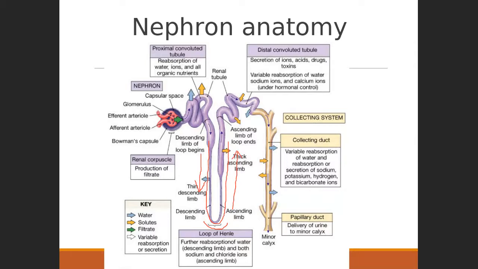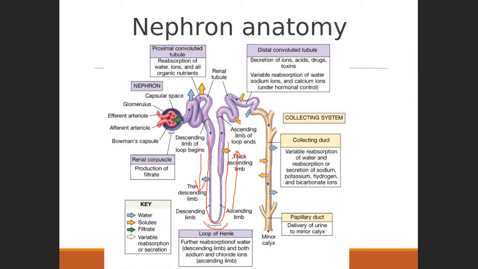The loop of Henle is going to be primarily responsible for passive reabsorption of salt and water. Purely passive. So earlier on, we had our nephrons divided up into two broad categories, cortical and juxtamedullary.